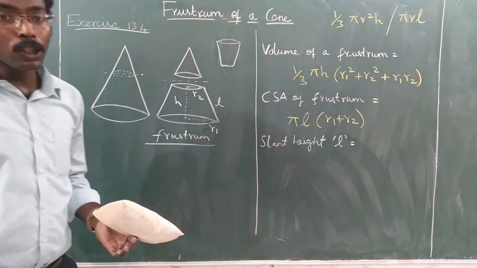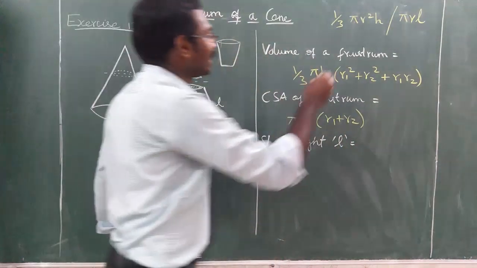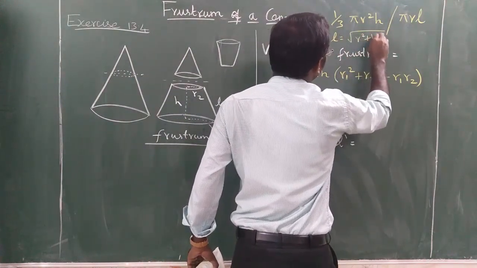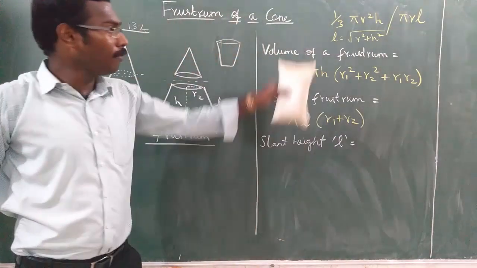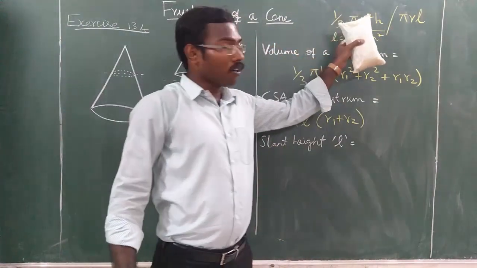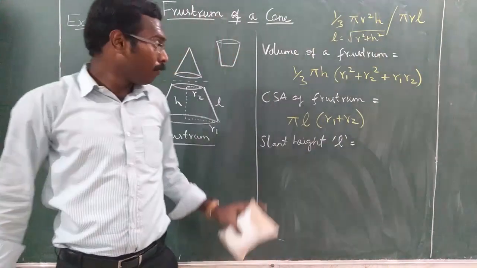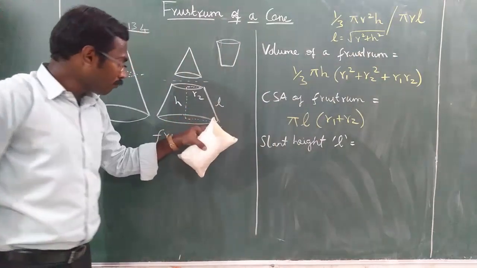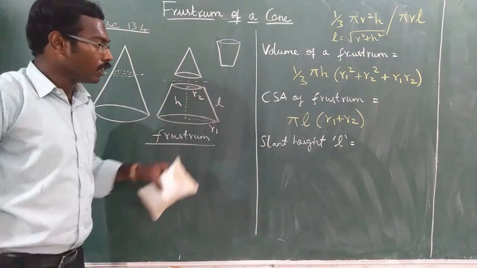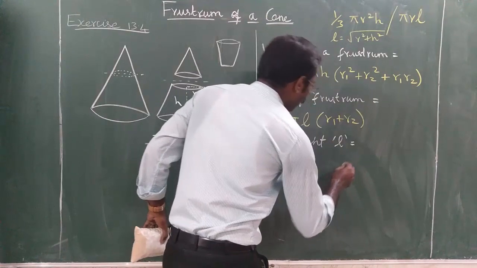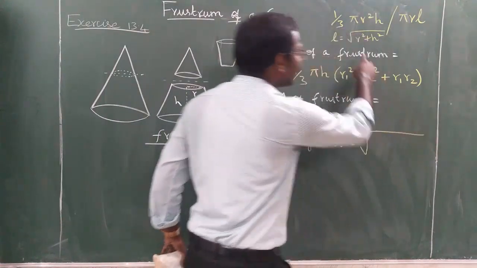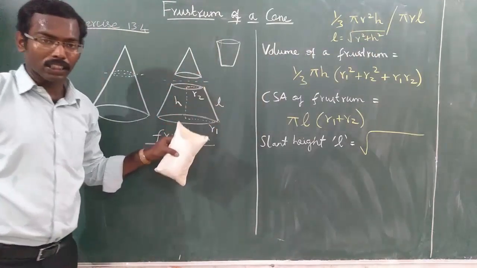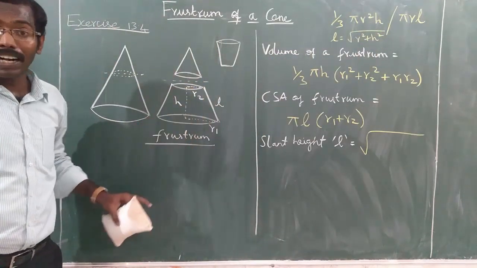Usually the formula for slant height is L is equal to root of r square plus h square. This is the normal cone formula for slant height. But in the cone there is only a single radius, whereas here there is one big radius and one small radius, na? So you will write like this: root of, instead of r, we have two radii, one big radius and another small radius.